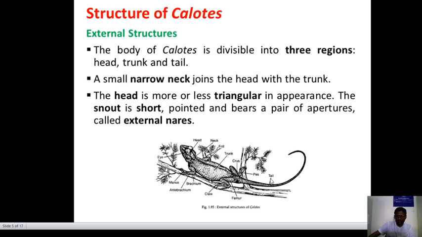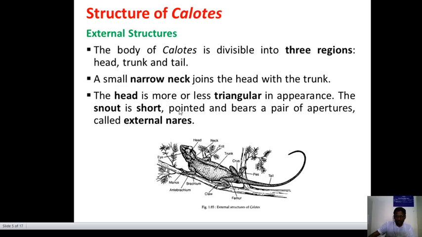A small narrow neck joins the head with the trunk. The head is more or less triangular in appearance. The snout is short.